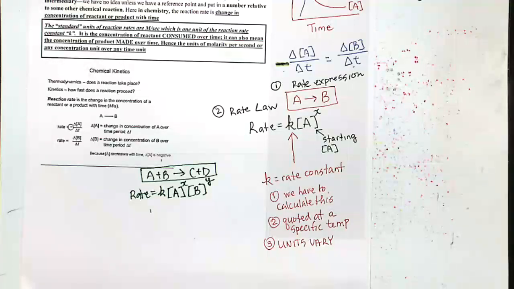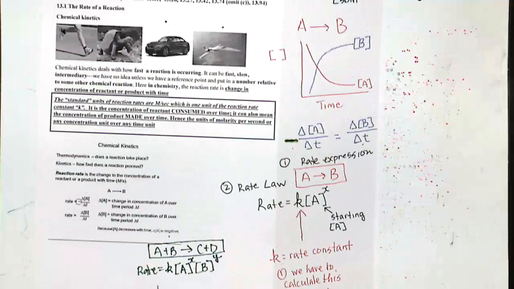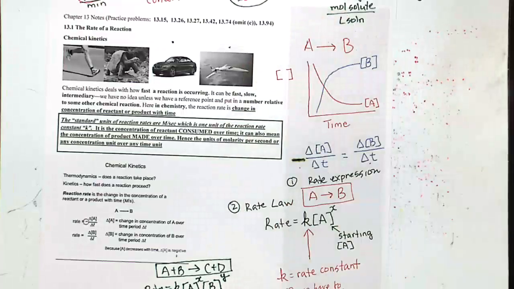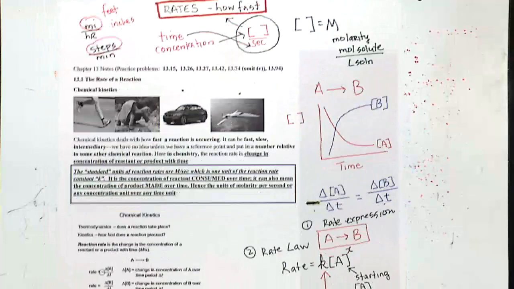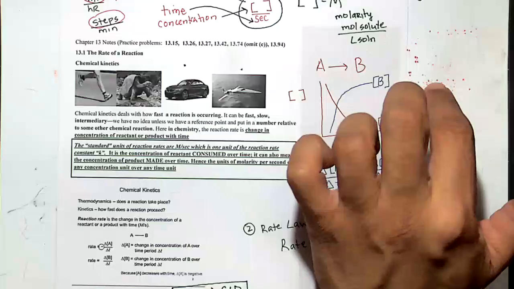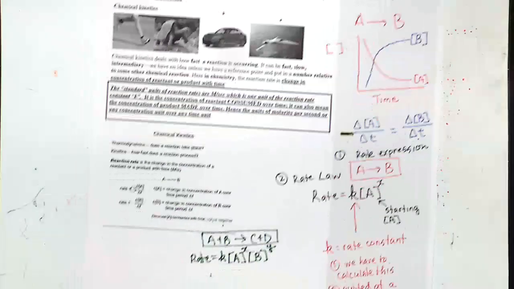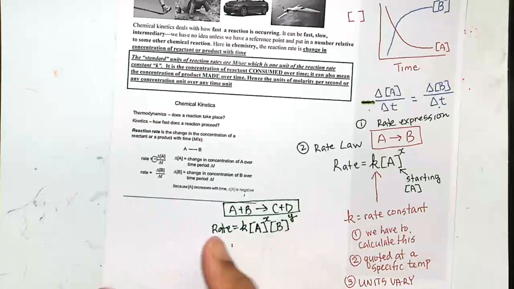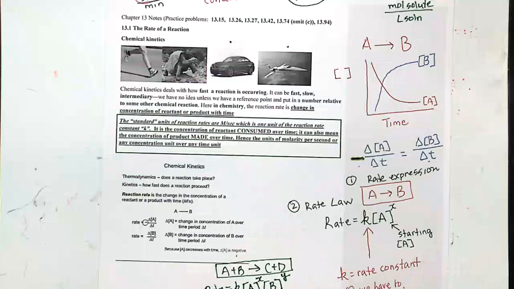Here's another important point I'd like to convey to you guys as a class. As our classmate Eric mentioned at the very beginning, rate means how fast. So how will we determine how fast A goes to B, or how fast A plus B goes to C plus D?